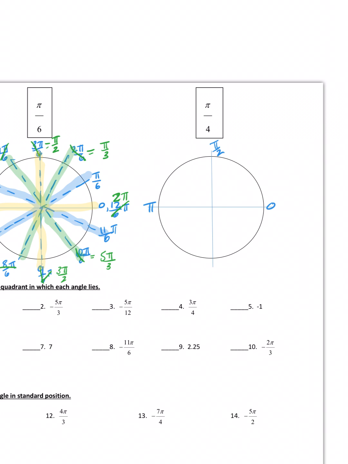I need to break it into 4, so I'm just going to put in those diagonals. So we know down here is 3 pi over 2, and this is 2 pi.